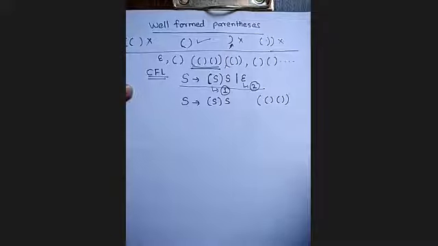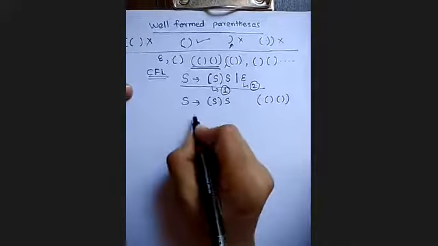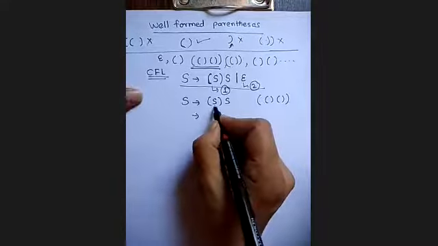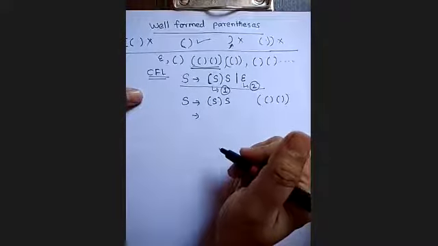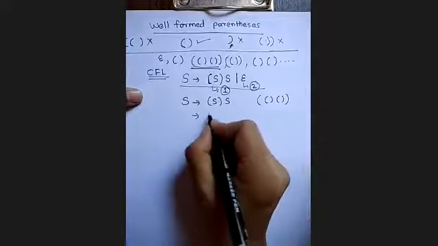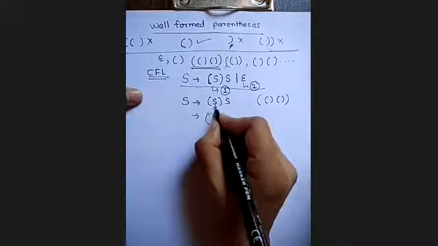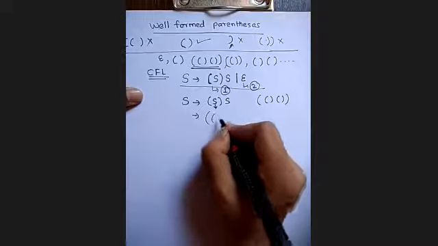Yes, which rule is to be applied now? Rule number 1, but it is leftmost derivation, right? So for this S, let me check. If I apply rule number 1, what do you get?